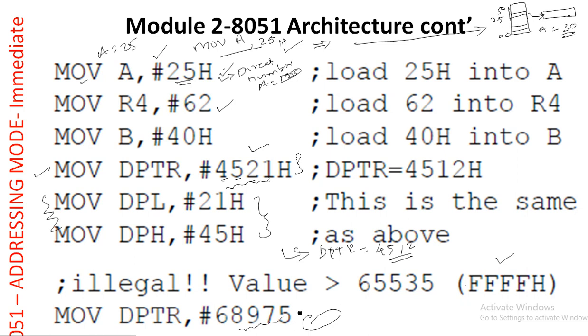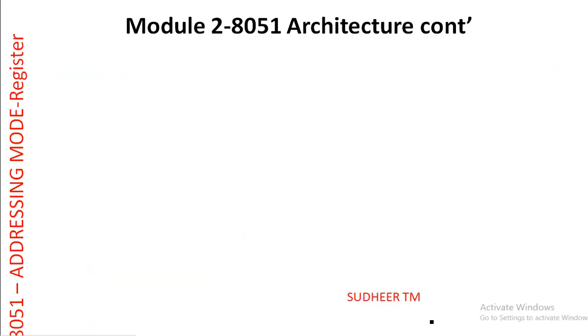Here in our program it is 68,975, which is a non-supporting number in our microcontroller. So if you by mistake type like this, our assembler will make an error. Understood? So that is the illegal instruction message.